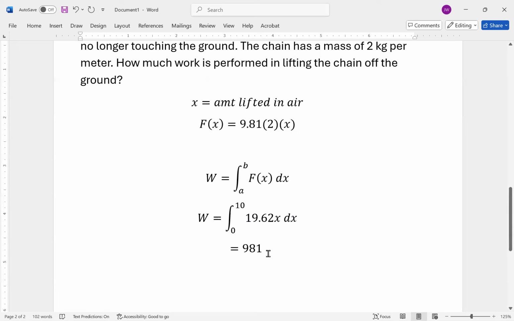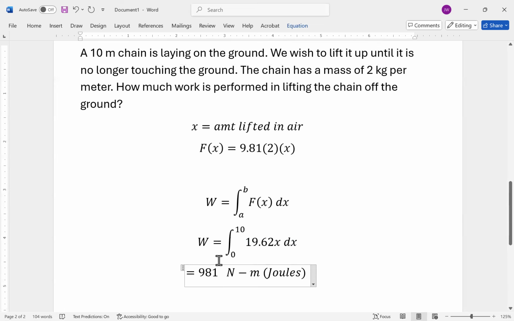So 981 is my final answer. That's how much work is done. Again, that work is in Newton meters or joules. And that's how much work is done in lifting the chain from the ground to the air.